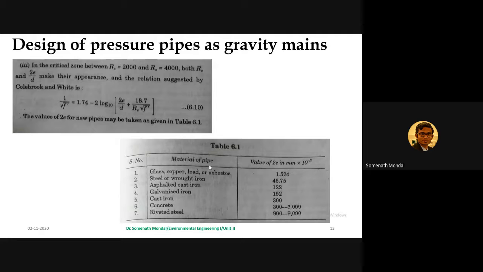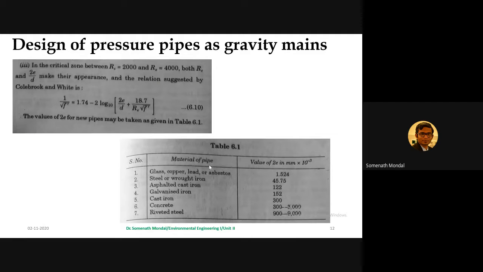Now this Darcy Weisbach formula, though it is very old, as I mentioned before, more than 100 years people have been using this formula, is not generally preferred by water engineers in solving the routine fluid transport problems encountered in water transmission lines and pipe networks, mainly because of the uncertain values of 2e by D and f dash. So getting the correct f dash is really a big challenge.